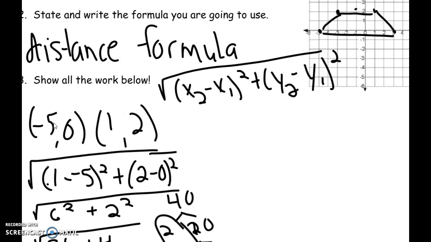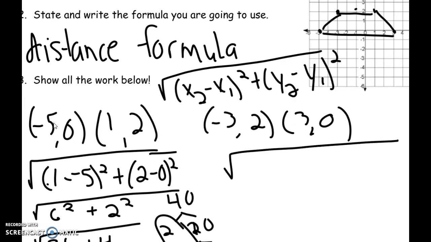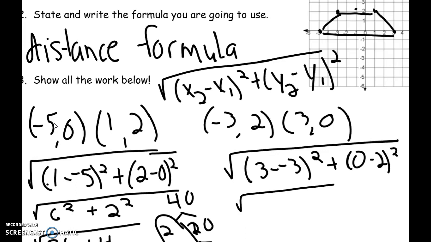So that other points were -3, 2, and my other point was 3, 0. So again, we're going to start plugging in. We've got 3 minus -3 squared, 0 minus 2 squared. 3 minus -3 is 6 squared. 0 minus 2 is -2 squared.